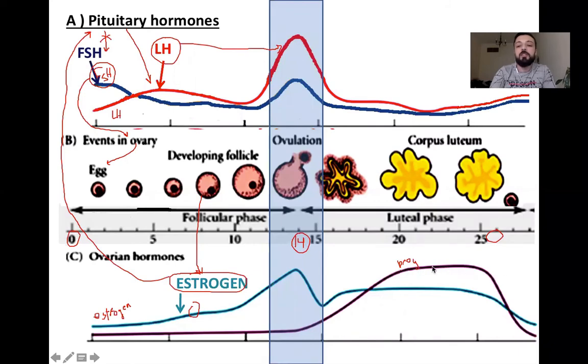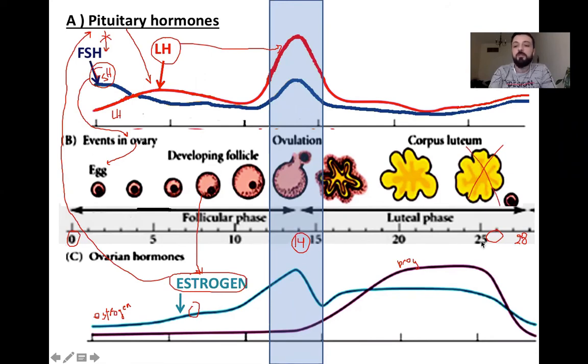Progesterone levels, as you can see, remain high. They continue running in the bloodstream because the corpus luteum keeps secreting them. But as we reach day 27, 28, this corpus luteum will degenerate and die.